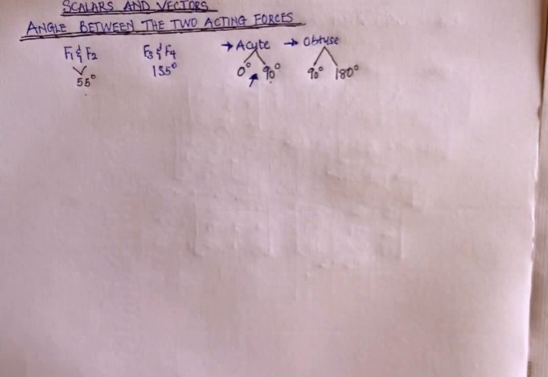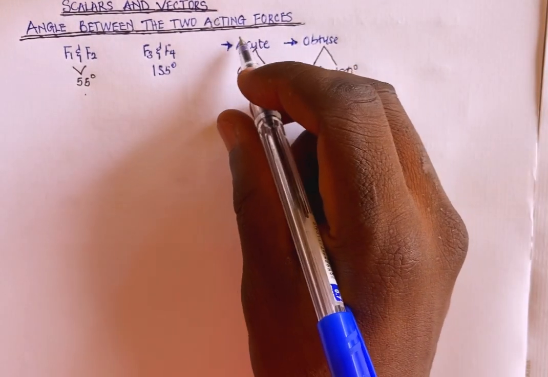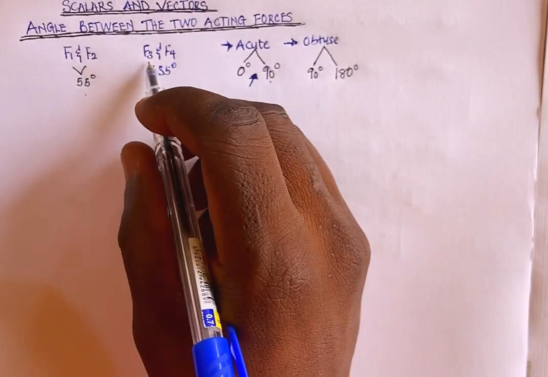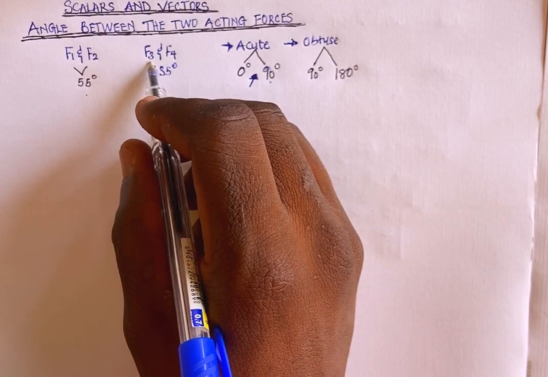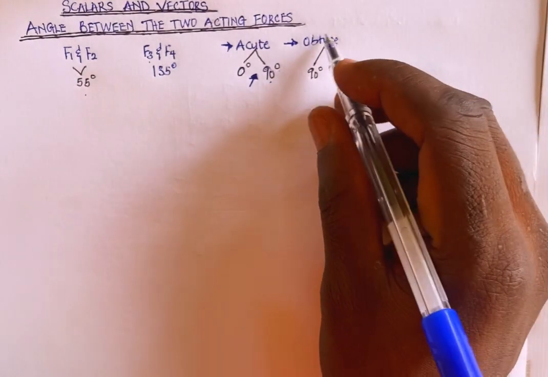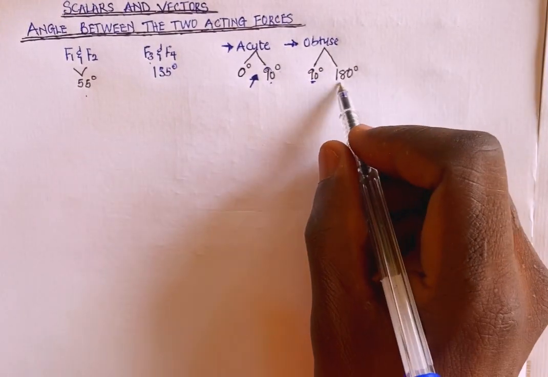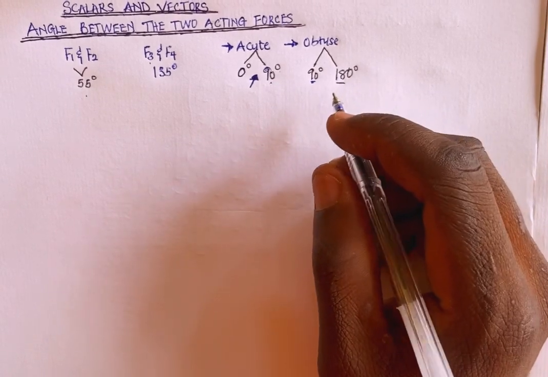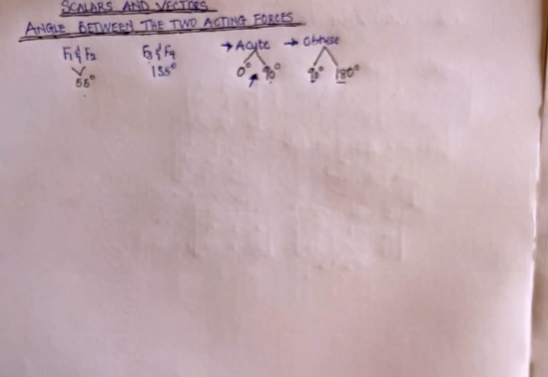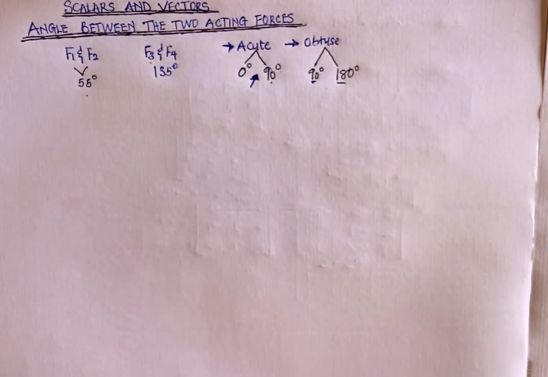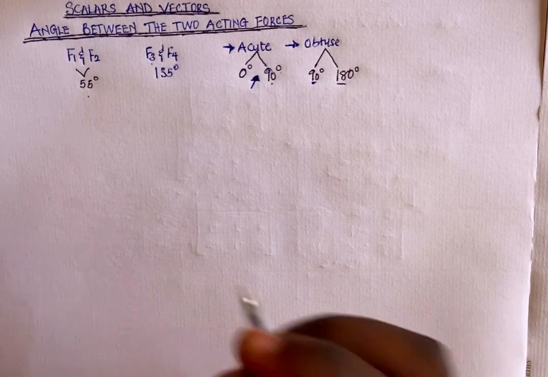That means the diagram of F1 and F2 is going to be in form of acute angle, while the diagram of F3 and F4 is going to be in form of obtuse angle, because it lies between 90 degree and 180 degree. So now I'm going to sketch the diagram for F1 and F2, and another diagram for F3 and F4.